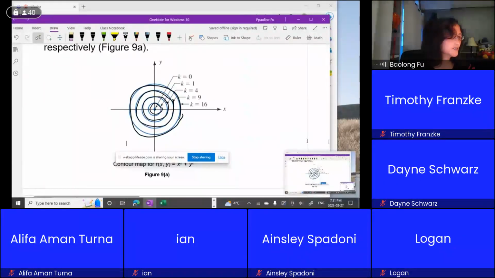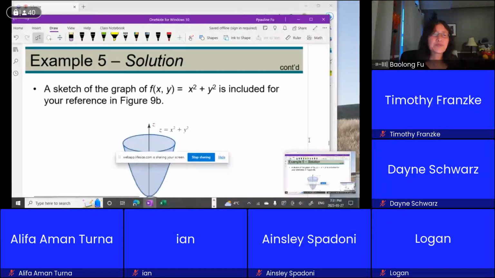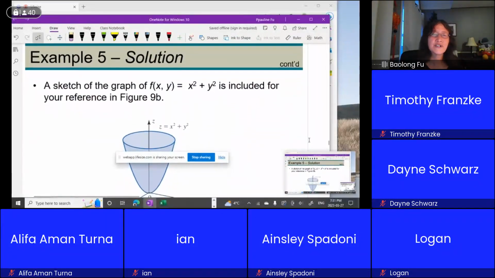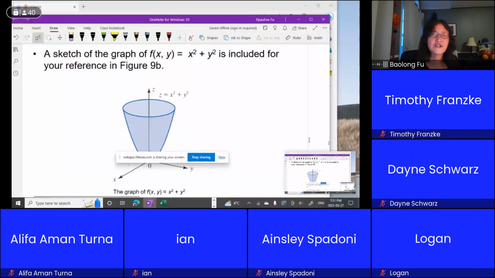So those are the contour maps. And this one is a sketch of the graph. So how do you sketch this graph?